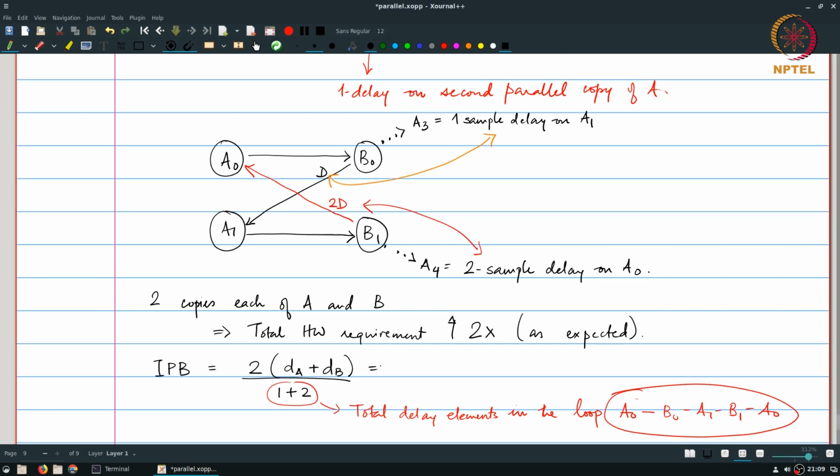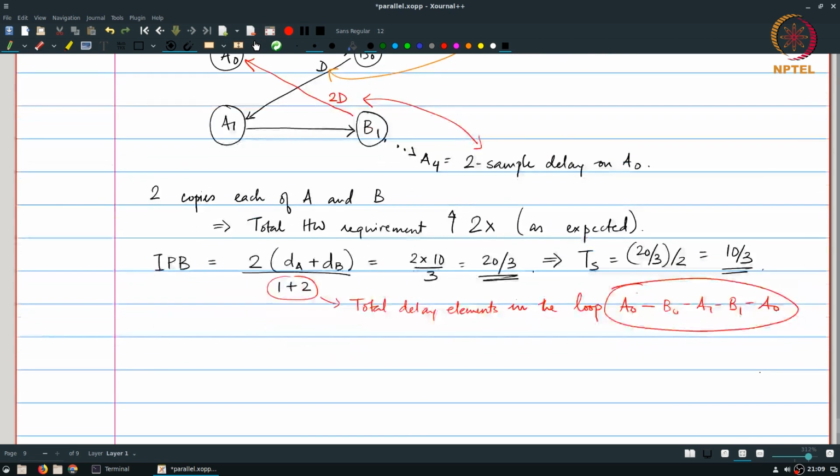Which when I compute turns out to be 2 into 10 by 3 or 20 by 3. This is the iteration period bound of this unfolded structure, which means that the average sample period in turn is going to be equal to 20 by 3 divided by 2 or 10 by 3. That's the best sample period that we can expect to see.